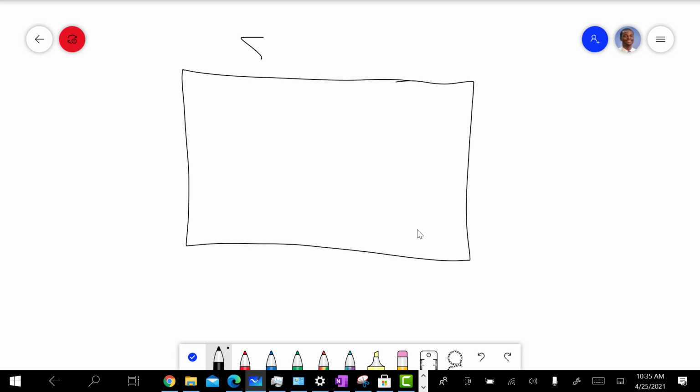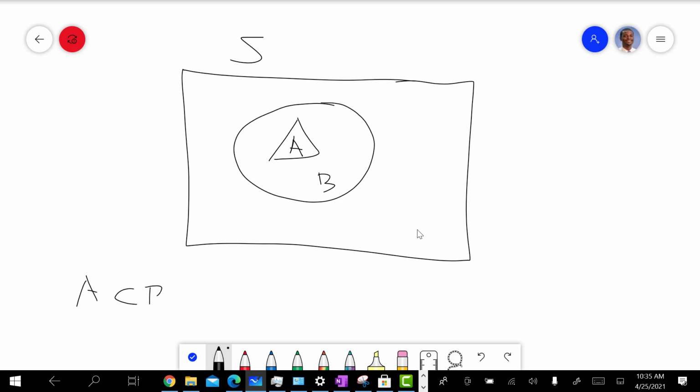So this is the universe, and I have a set A, which is contained in a bigger set called B. How would you describe the relationship between A and B? It's really simple. You can say that A is included in B. This is the mathematical representation of what you see in this chart.